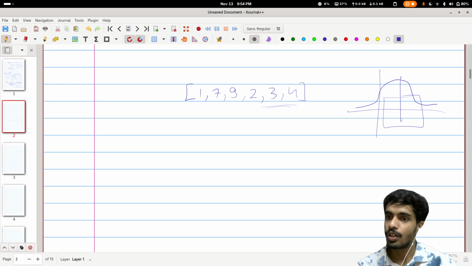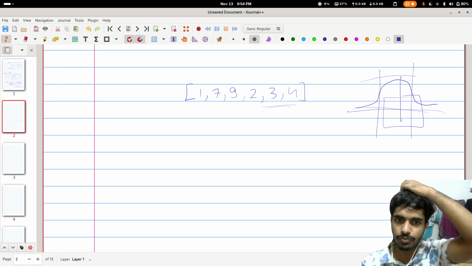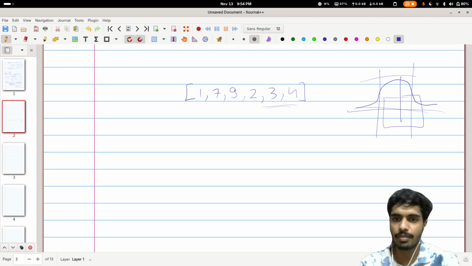So the huge majority of people are present in the middle 50% area, right? So usually you just need the median part of the data set to get some insights for that data set.